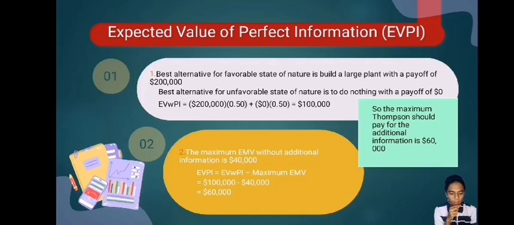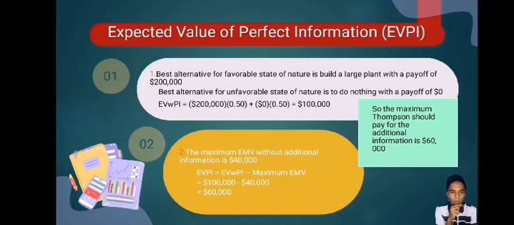So the expected monetary value for the large plant is equal to 0.5 times 200,000 plus 0.5 times negative 180,000, which is equal to 10,000. Then the expected monetary value for the small plant is equal to 0.5 times 100,000 plus 0.5 times negative 20,000.